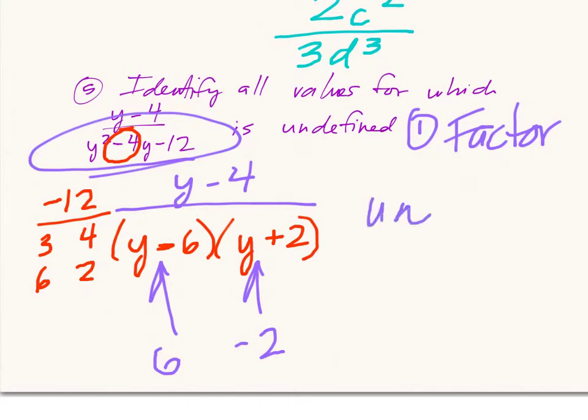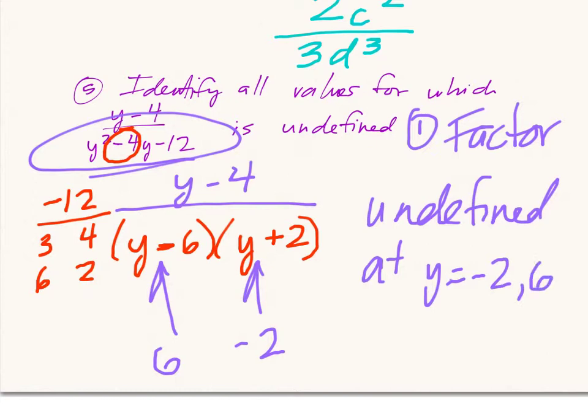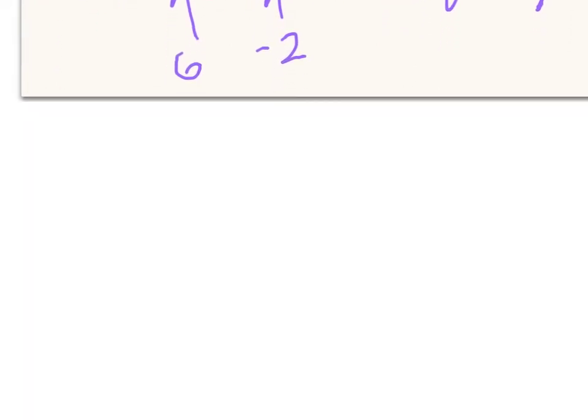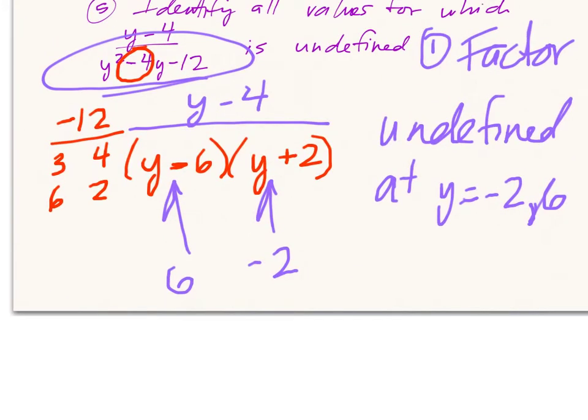So this is undefined at y equals negative 2, 6. If you did that out of the book, you had multiple choice, and that should have been one of your choices.